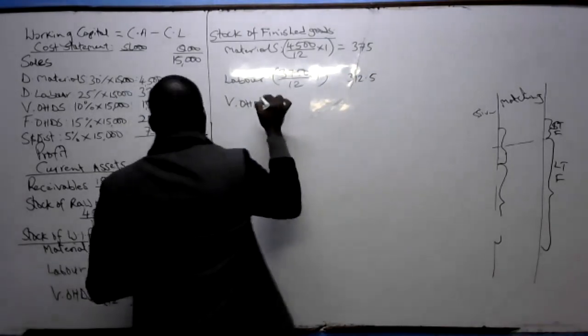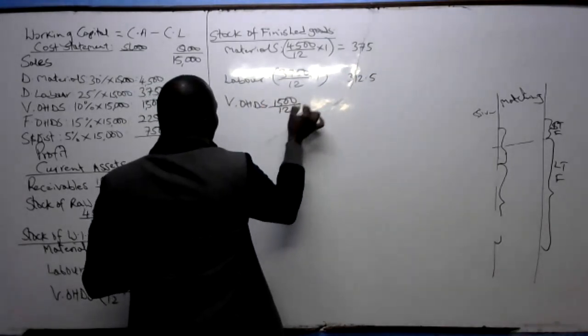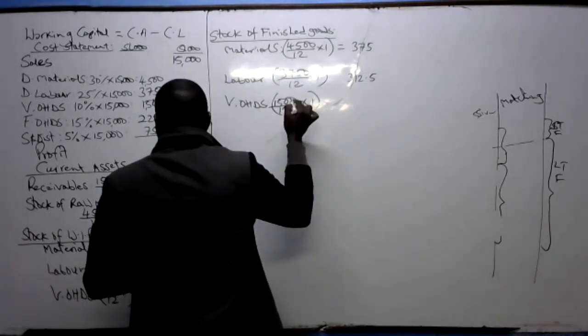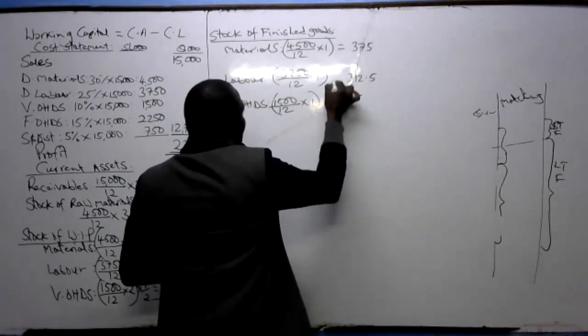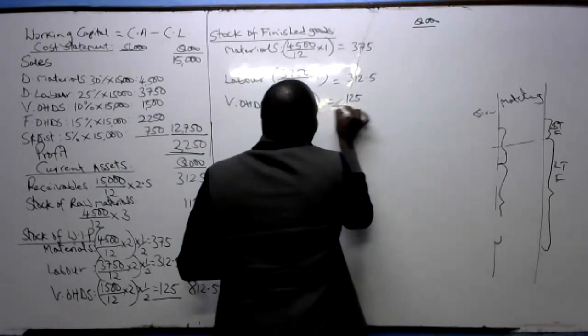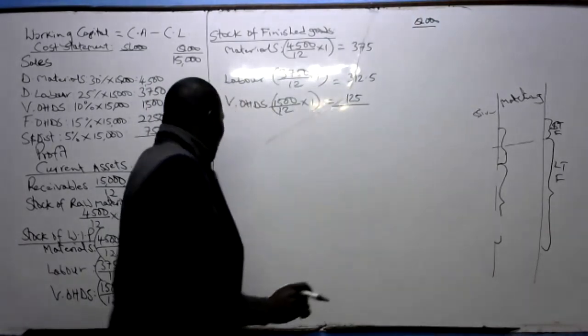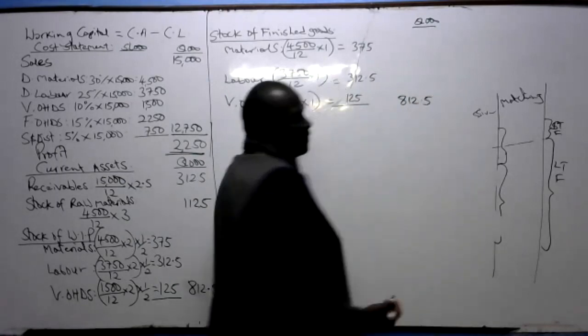The variable overhead for the whole year, 1500 divided by 12 times 1, which is 125. So the stock of finished goods is 812.5.